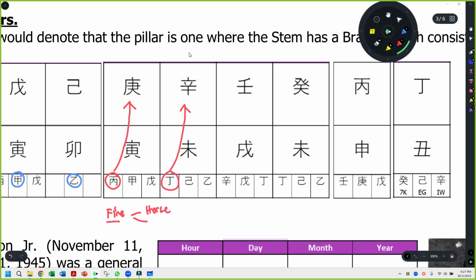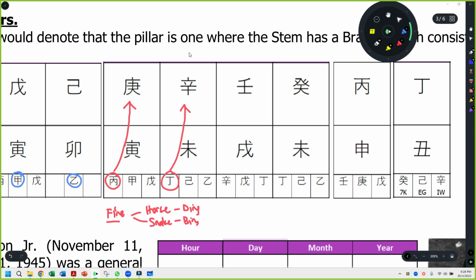And then the other fire is the snake. But the thing about fire elements is that horse is yang, but the element is Ding fire. And for snake, which is yin, the element is Bing fire. Therefore, we don't have a pillar that sits on that 7 killing. Special, isn't it? Special.